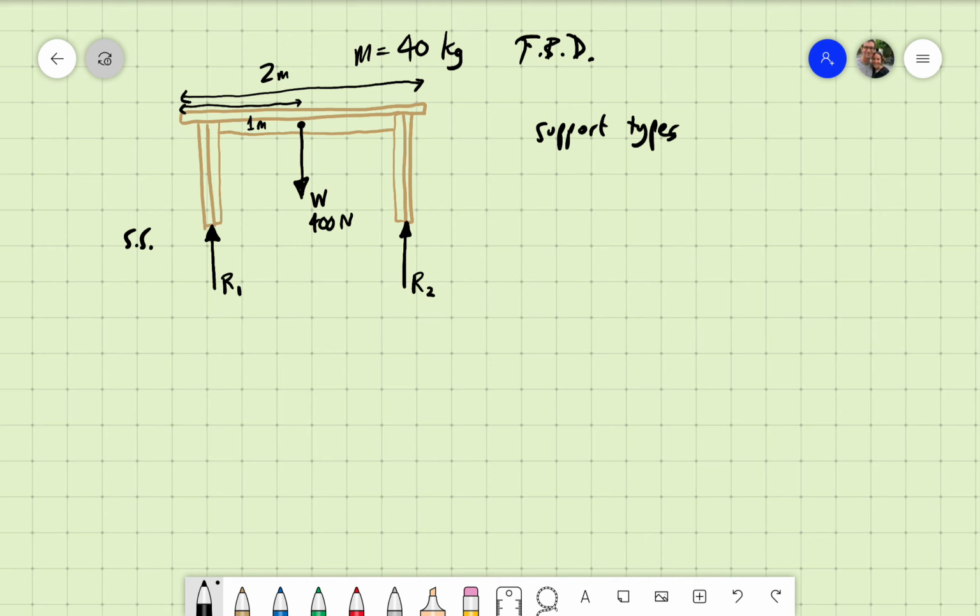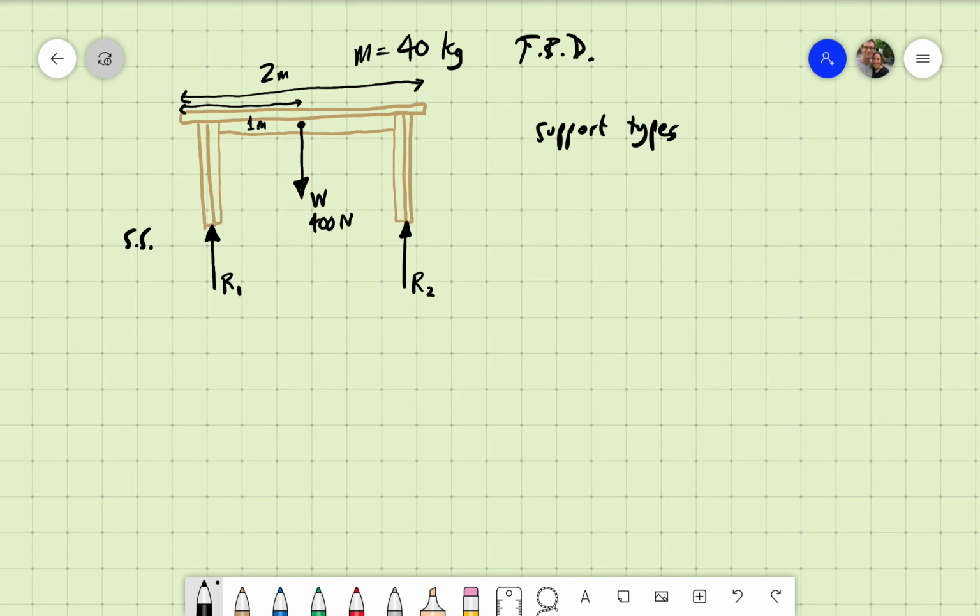Those could be different, so I do have to give them different designations. I don't know what those are, by the way, but I start by showing everything that I know could happen. Now, with simply supported, there is no reaction moment, there is no sideways reaction force.